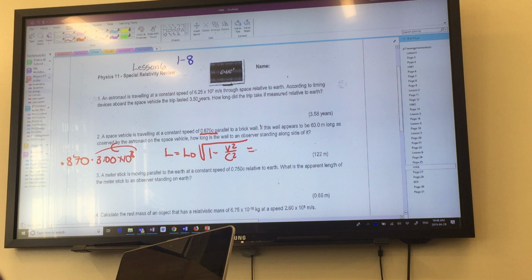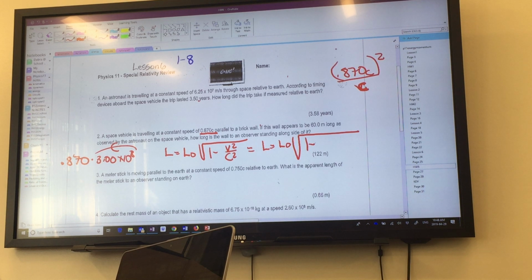Now, I can get my numbers, or I can go 1 minus, okay, so 0.870 C over C. This is V squared. And here's C squared.